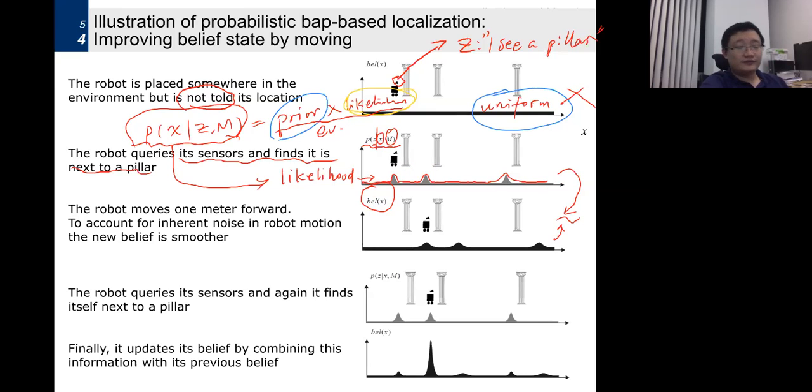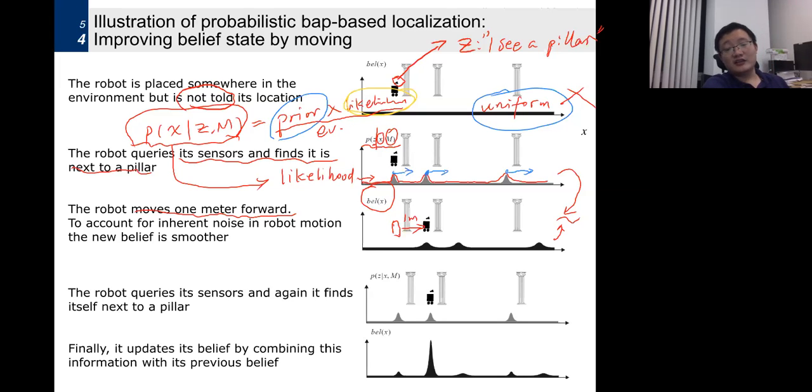After getting the new belief, one step is missing: we moved 1 meter forward from the previous location. Then the belief should shift 1 meter to the right. The three peaks all move 1 meter forward.